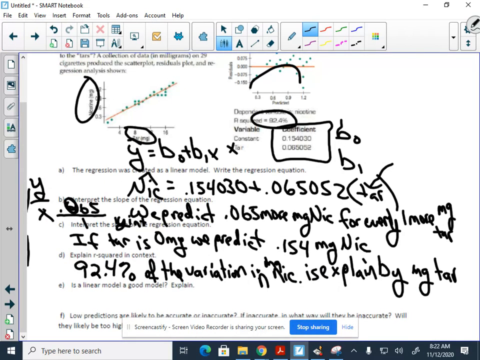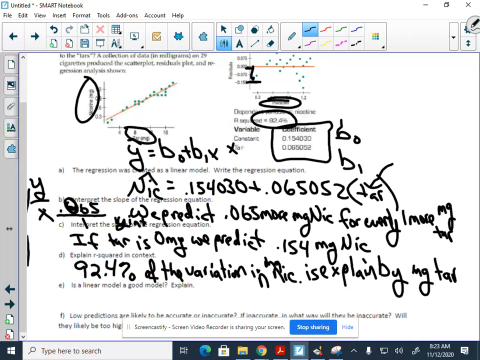Low predictions are likely to be accurate or inaccurate, and how would they be? Okay. So what are we talking about? Up here in the residual plot, if we were to predict something really low, down here it says these are the predicted residuals. So the low predictions, in terms of their accuracy, okay, this one too, I could kind of go either way. It's not going to be very far off because they're like within 0.15. It depends on what this thing is.